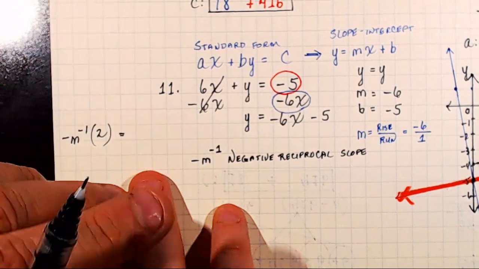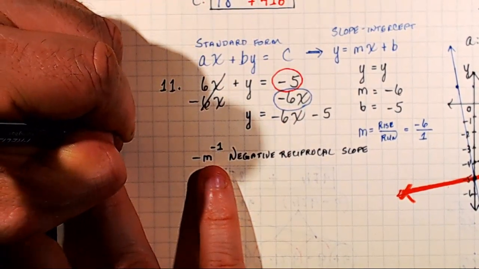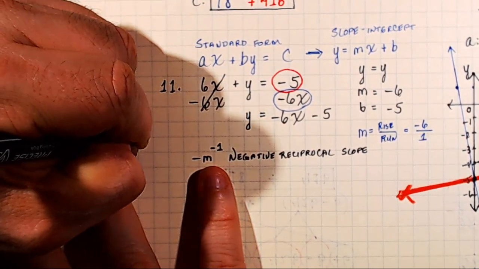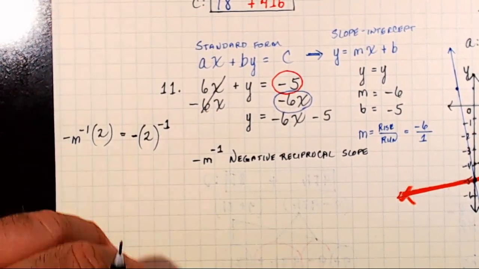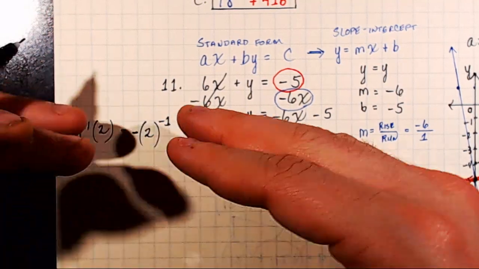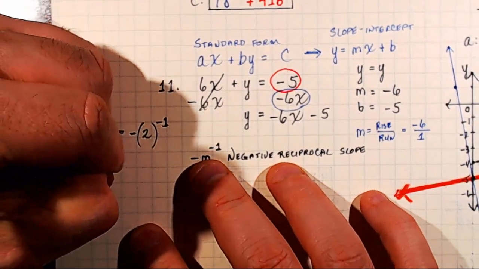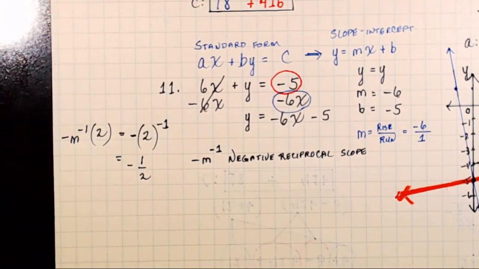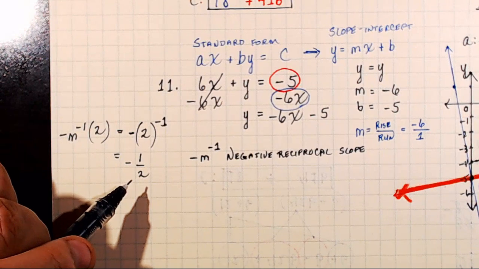So I've got to take the negative reciprocal of 2. Well, that looks very complicated, but any number raised to the negative 1 just means write that number underneath a 1. So that equals negative 1 over 2. So the negative reciprocal of 2 is negative 1/2.